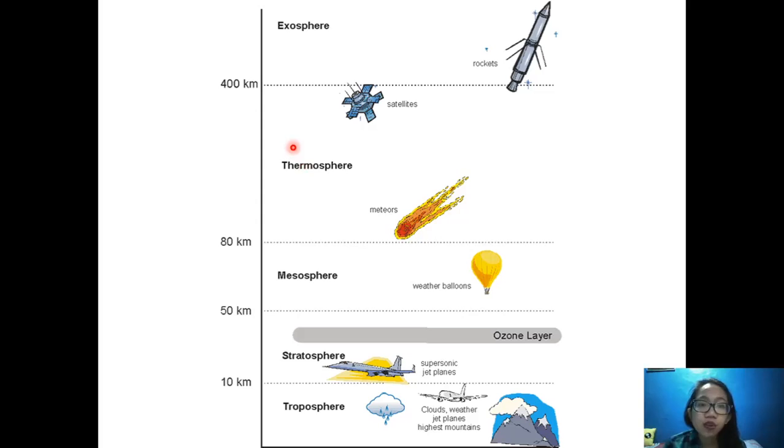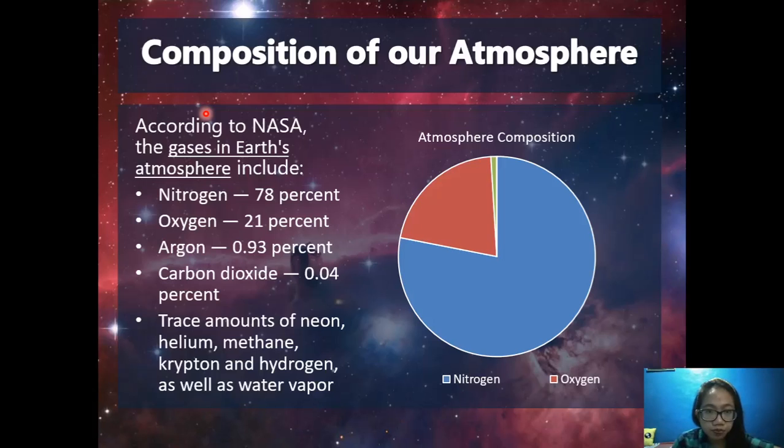Okay, and then slowly our atmosphere extends into space, called the exosphere. As long as there are still air particles moving around in the Earth's orbit, that is still part of our exosphere. Okay, so the composition of our atmosphere is this.